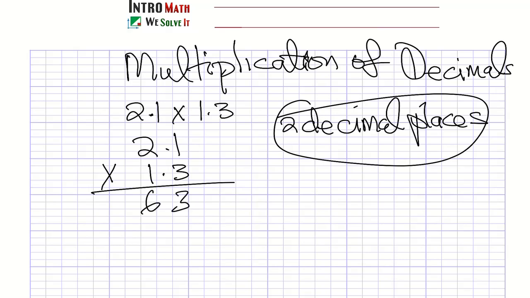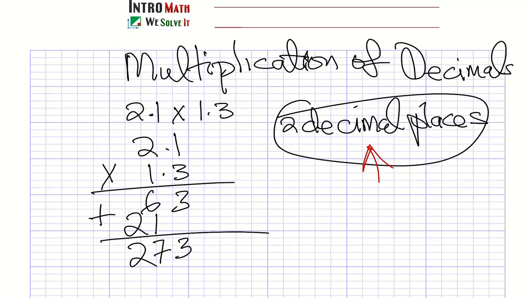You just do it the way we normally do whole numbers, right? And then 1 times 1 is 1. 1 times 2 is 2. You just line it up. Remember how we used to line it up? And then you add. This is 3, 7, 2, right? Now, here is where this thing is important.